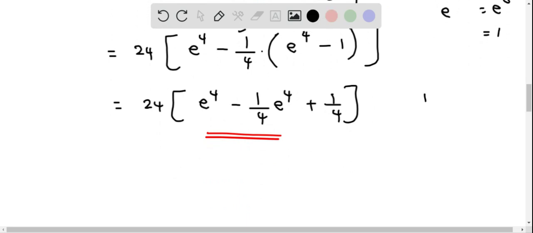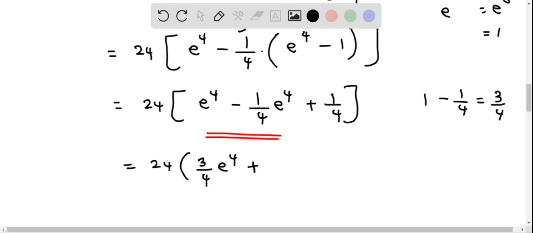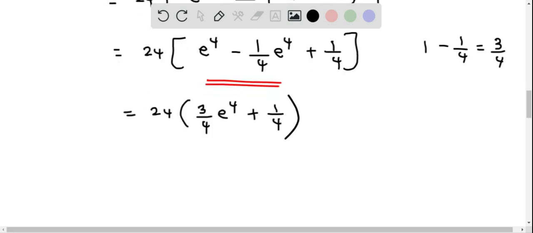This basically gives, we can just consider that as a fraction. 1 minus 1 by 4 is 3 fourth. So this is basically 3 fourth e raised to the power of 4. So I put this 24, and then inside the bracket we have 3 fourth e raised to the power of 4 plus 1 fourth. Now let's distribute the 24 into the two terms inside the brackets.